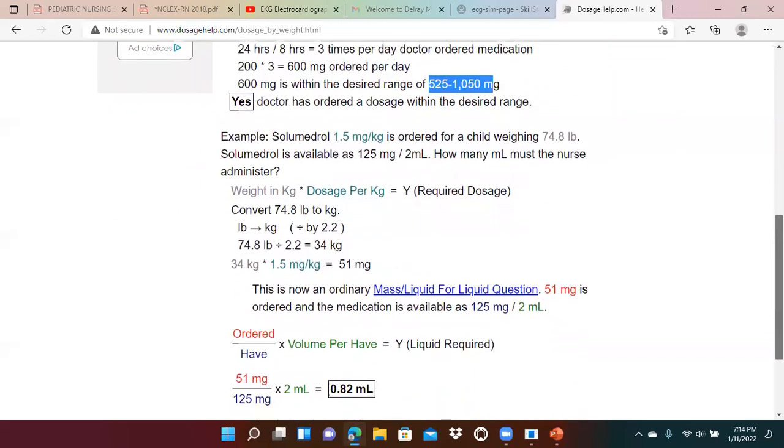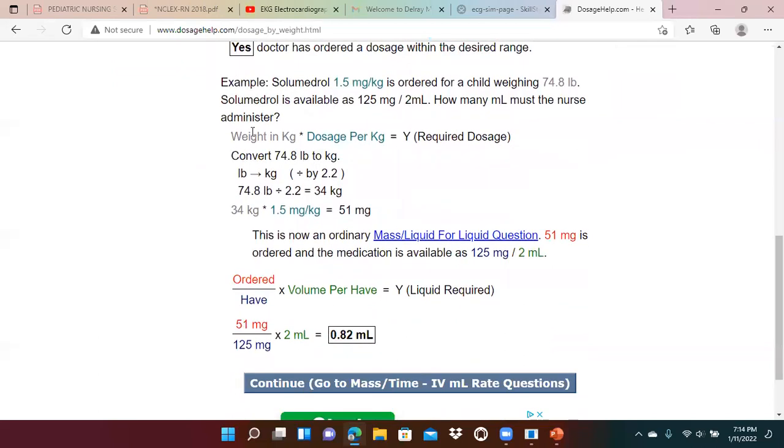Another example here we read, another medication we prescribe: 1.5 milligram per kilogram is ordered for a child with body weight 78.8 pounds. So it is pound, need to convert to kilogram. The medication available is 125 milligram per ml, so liquid formula.